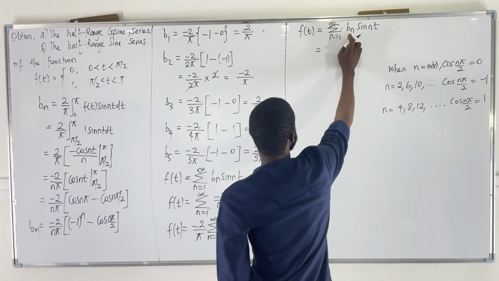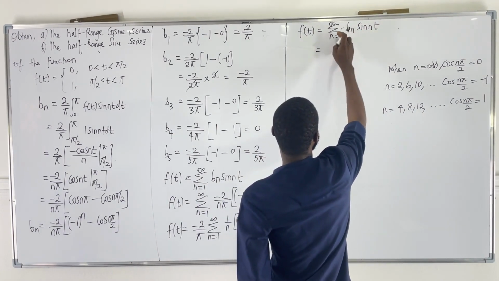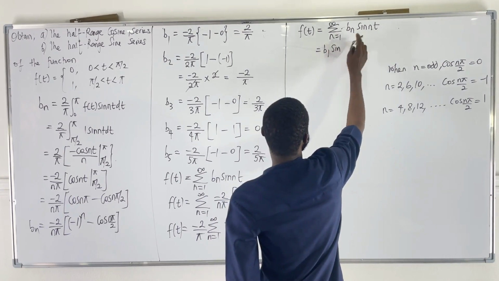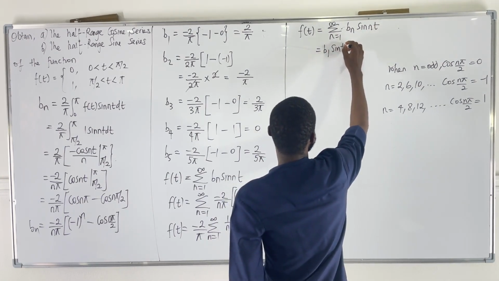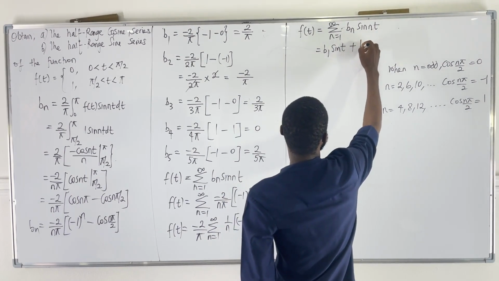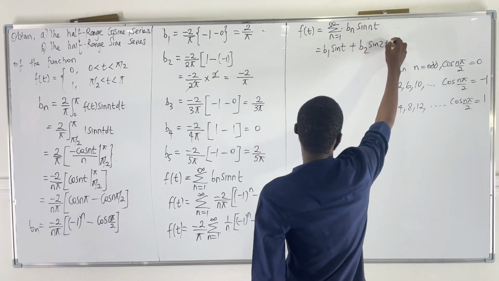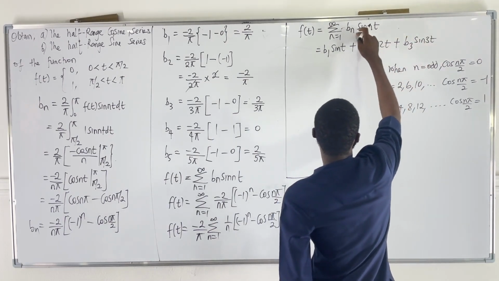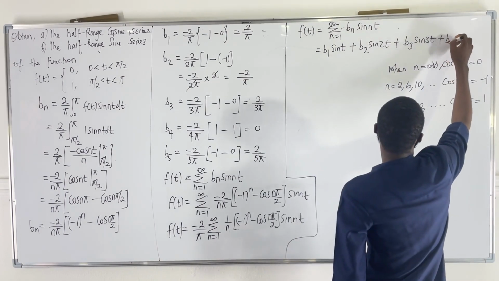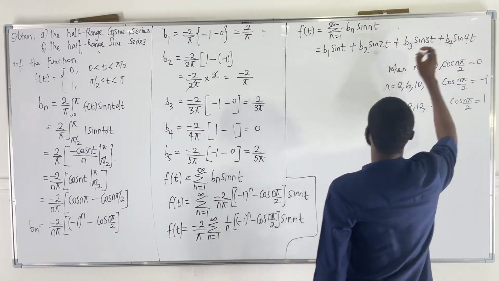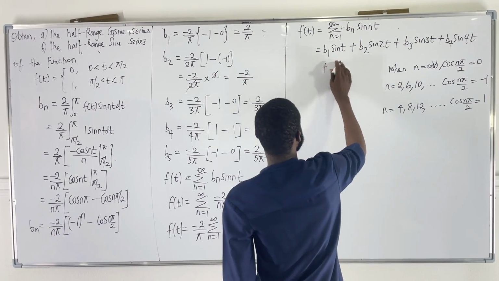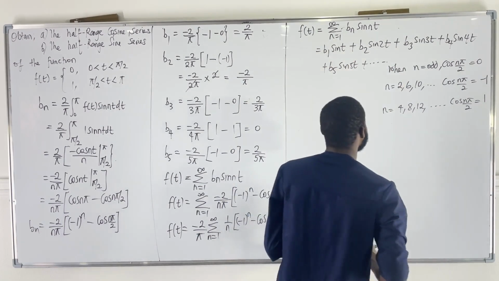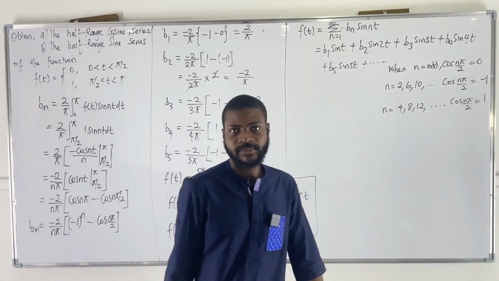Now, since we have different values for b sub n, and we are summing from n equal to 1, we're going to have b1 sine 1t, so that's sine t, plus the next one will be b2 sine 2t, the next one will be b3 sine 3t. We're putting n as numbers. The next one will be b4 sine 4t. Next one will be b5 sine 5t, and just like that. We can't really get on to infinity.